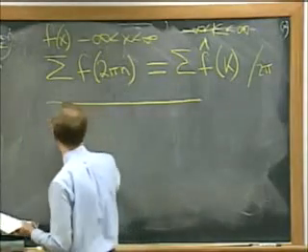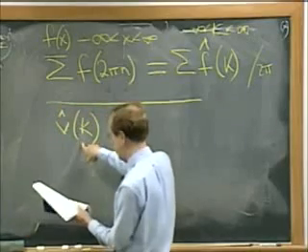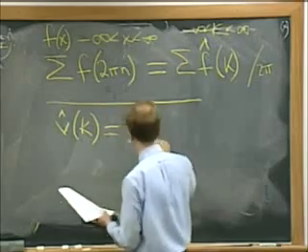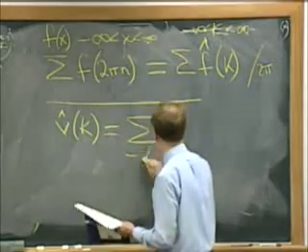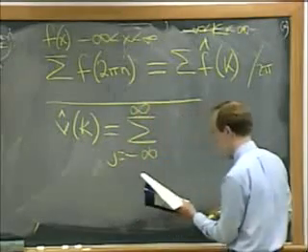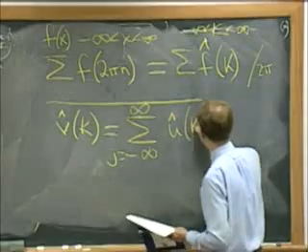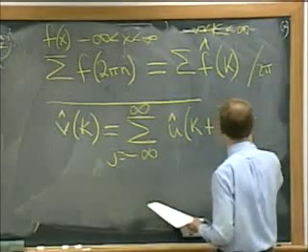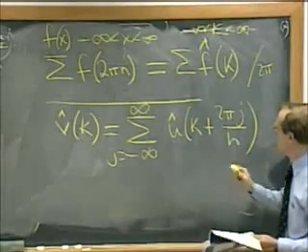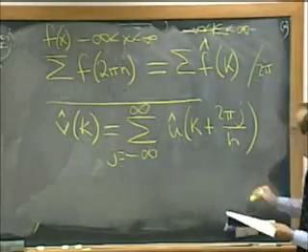He says that V hat of K, so I've got the transform side coming on the left here, is the sum from minus infinity to infinity, over j, of U hat of K plus 2 pi j, and since his sampling interval was H, an H has to appear.